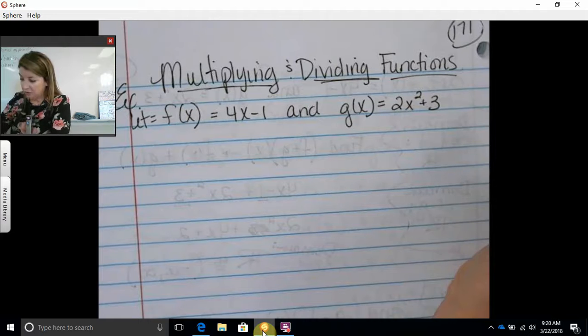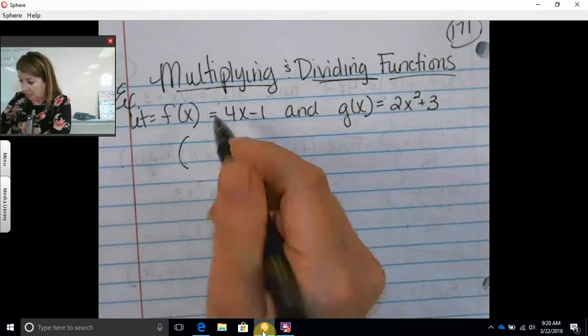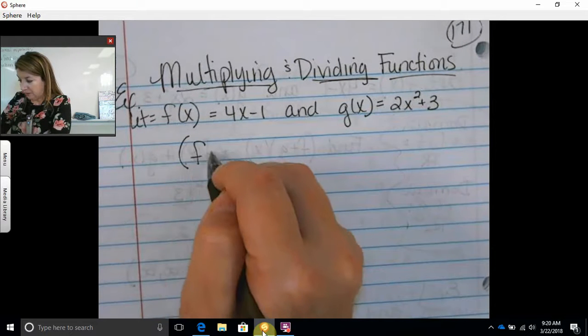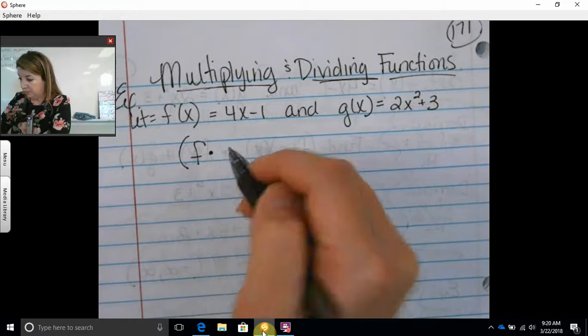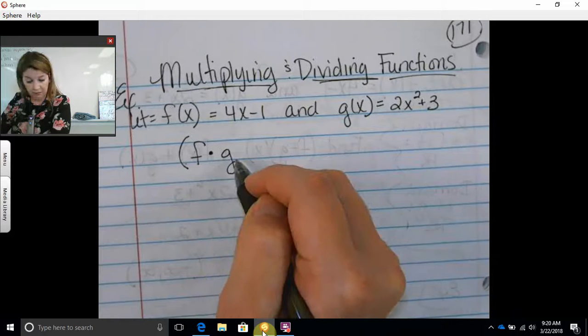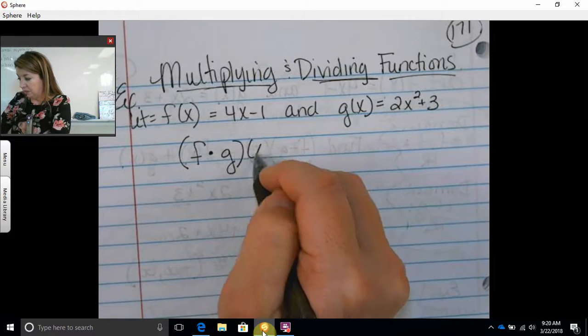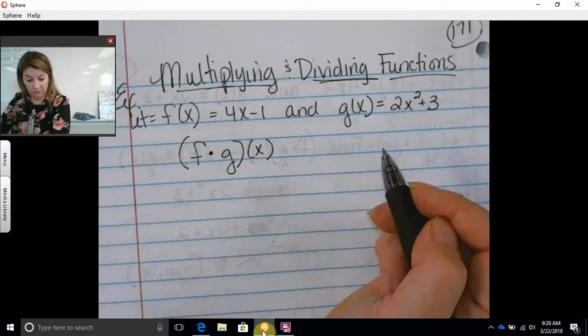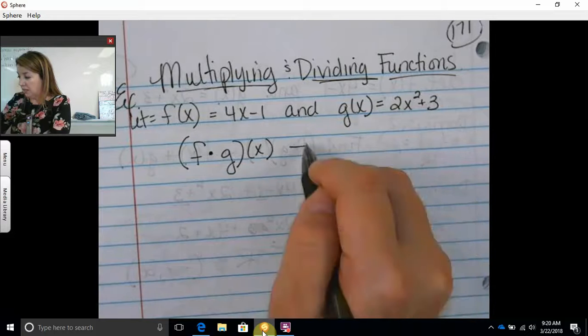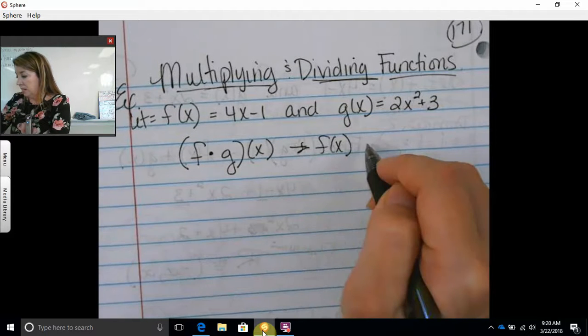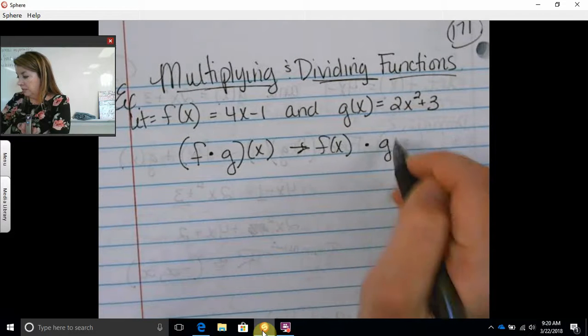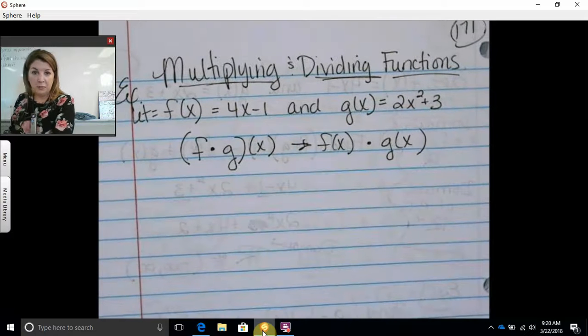And I am going to find f, and they'll write it with that little multiplication dot, meaning multiply, f times g of x, which is the same thing as f of x times g of x. Taking function f and multiplying it by function g.